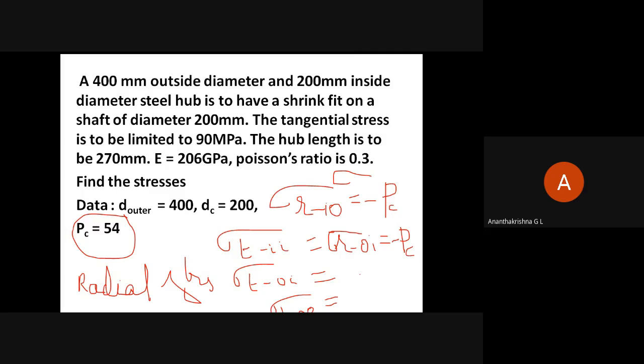So please note down that radial stress at inner surface of outer cylinder and radial stress at outer surface of inner cylinder are both equal to minus contact pressure PC.